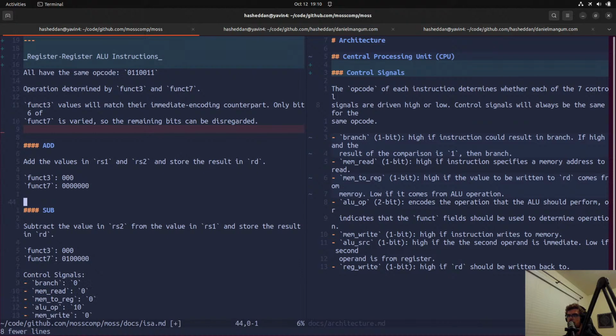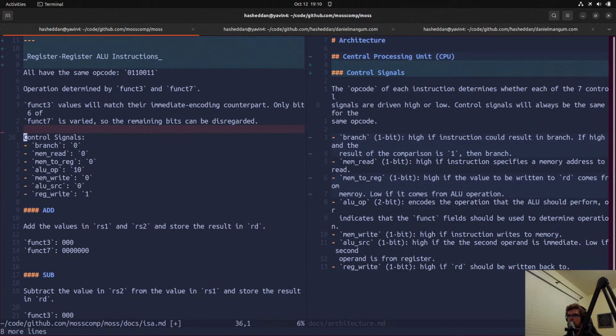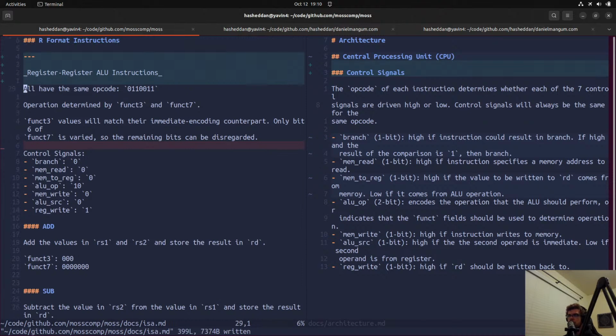register ALU ones, and pull them up here. And we know that because they all have the same opcode, right? And we're only considering the opcode when we're doing instruction decoding here. And when we're talking about instruction decoding, we're just thinking about the signals that we're sending to other components in the CPU from this control unit.